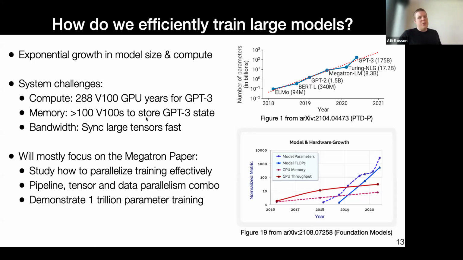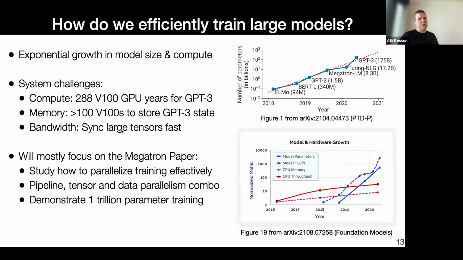The memory issues also: even just to store the optimizer state, you need like 100 GPUs. And then we have issues with communication between all of these GPUs. You have to have high bandwidth.